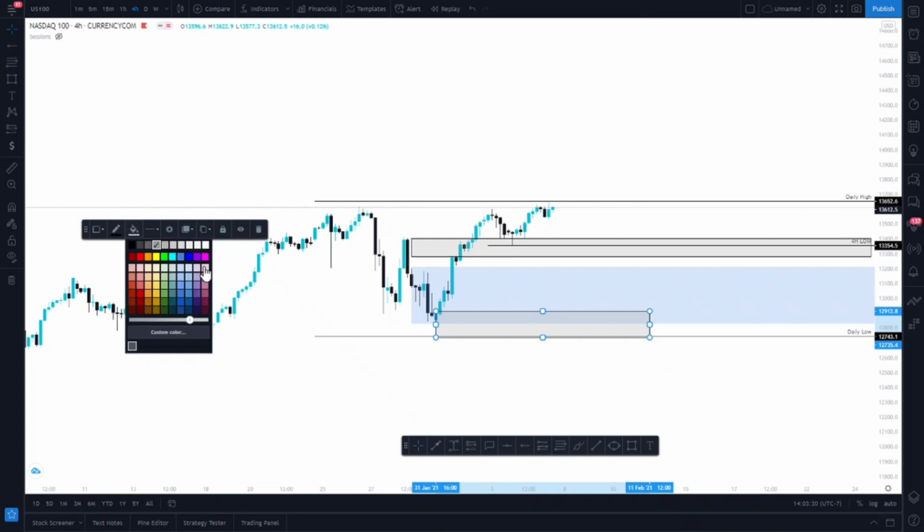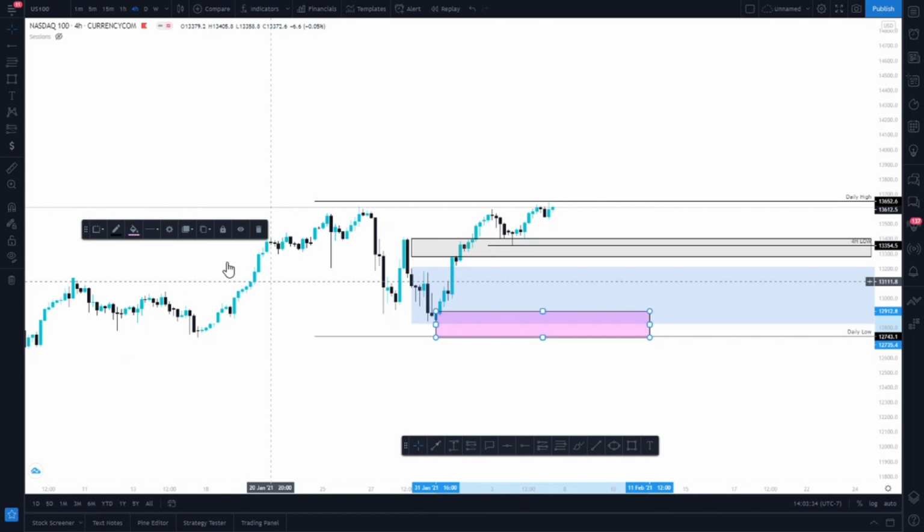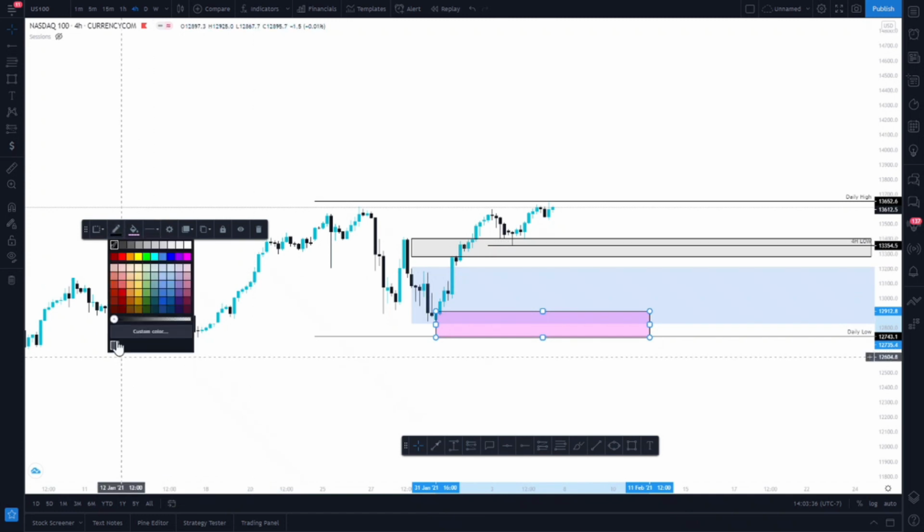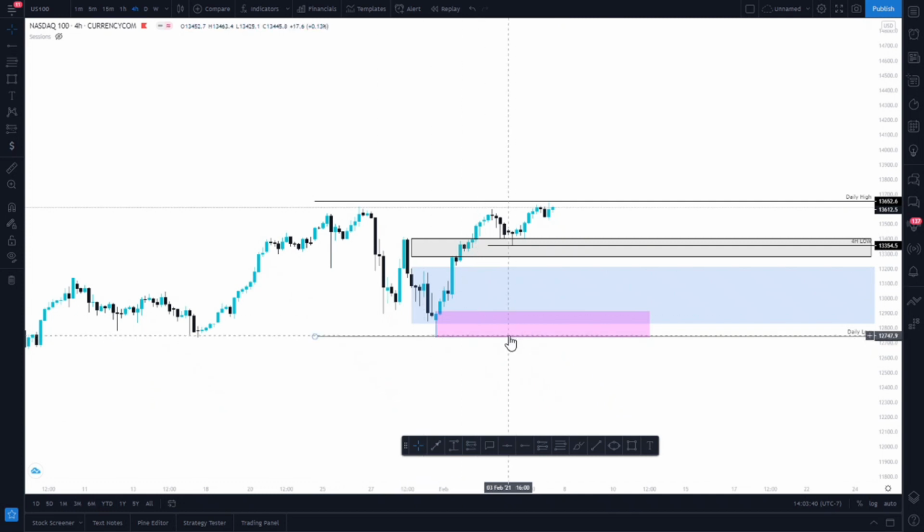So okay, let's just give it a purple, and okay, perfect. So we have our point of interest over here, and we have another point of interest over here.